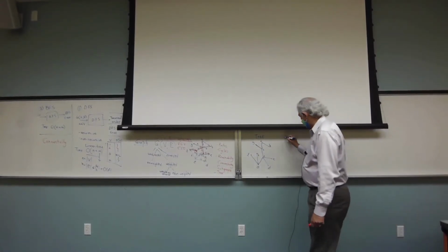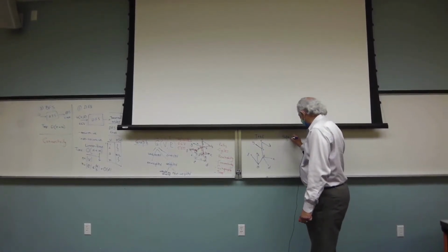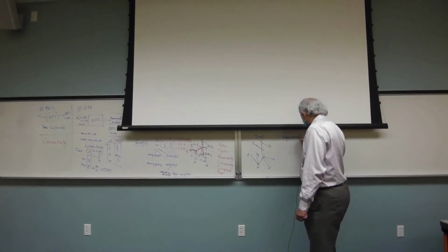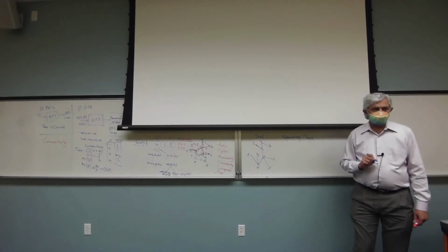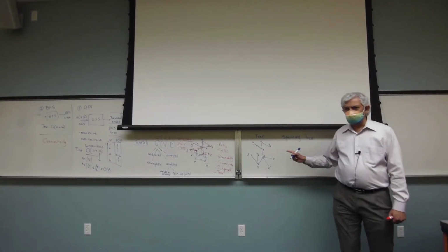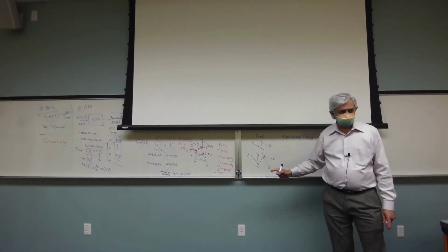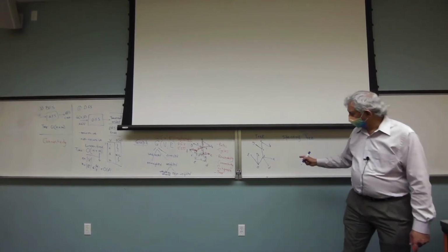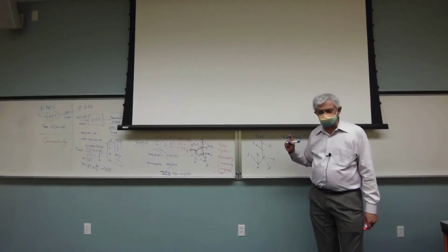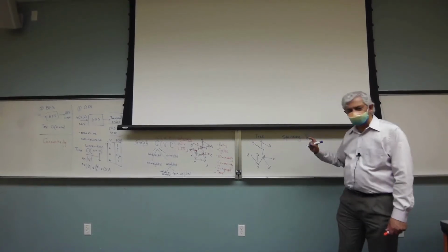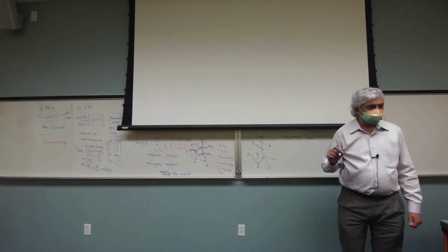It turns out that this is also an example of something called a spanning tree. A spanning tree is a tree that connects all the vertices. So in this case, this tree connects all the vertices, and therefore this tree is also an example of a spanning tree.